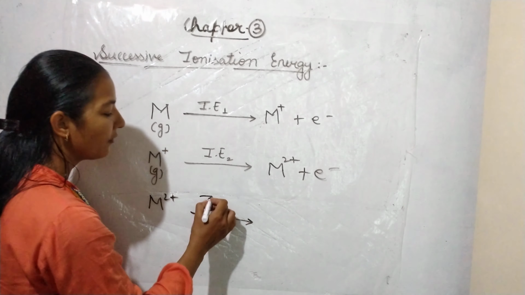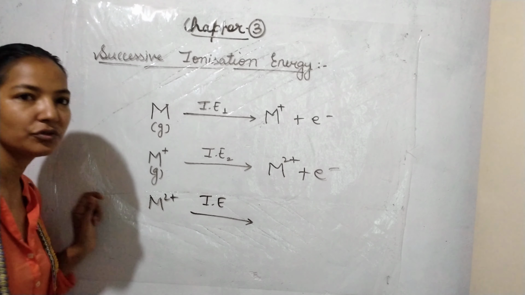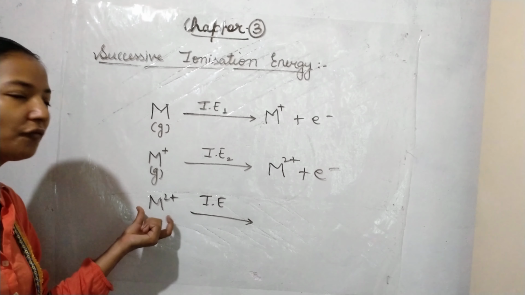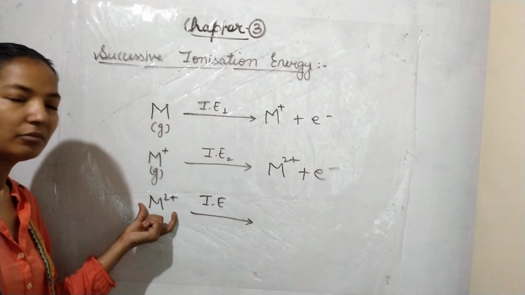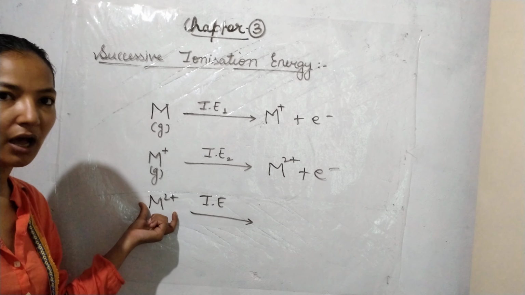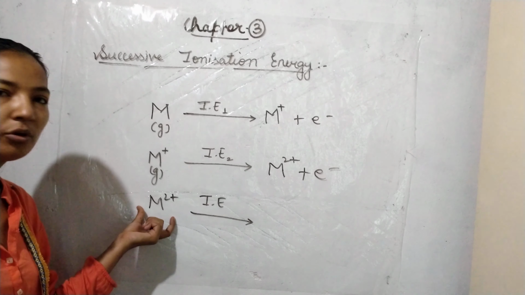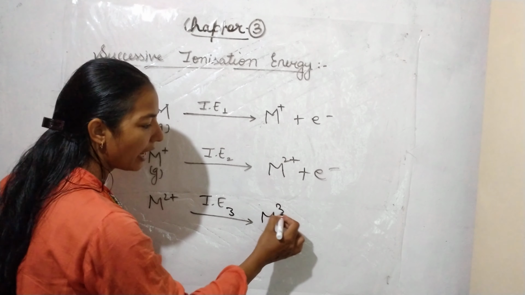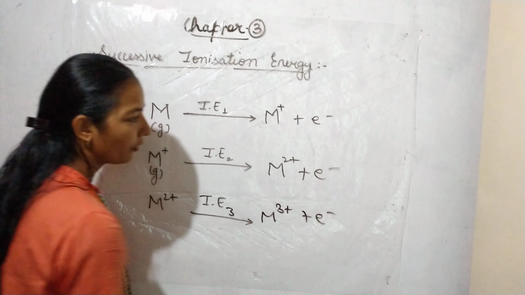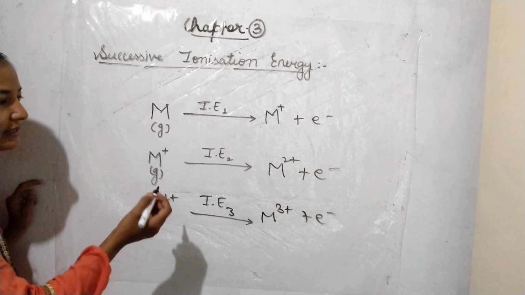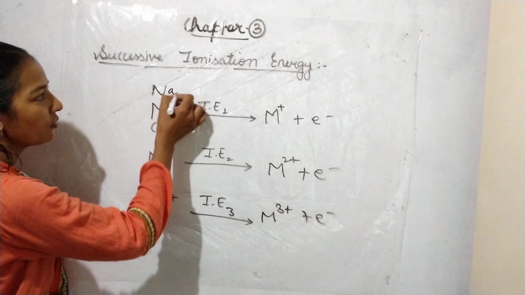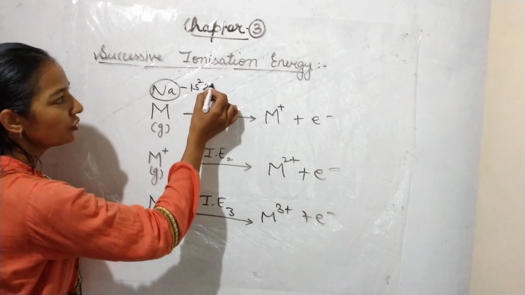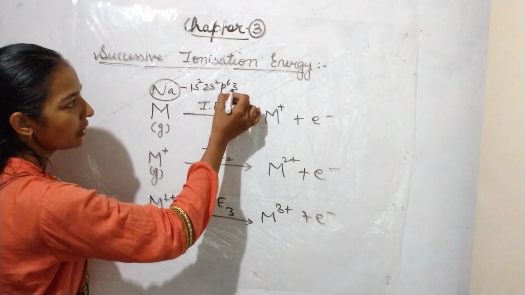Again we have M2 plus, and if we give ionization energy again, we have to give more energy to remove an electron from the metal ion having more Z effective. So here we give ionization energy 3 to form M3 plus. Let's take the example of sodium. Sodium has the electronic configuration 1s2, 2s2, 2p6, 3s1.